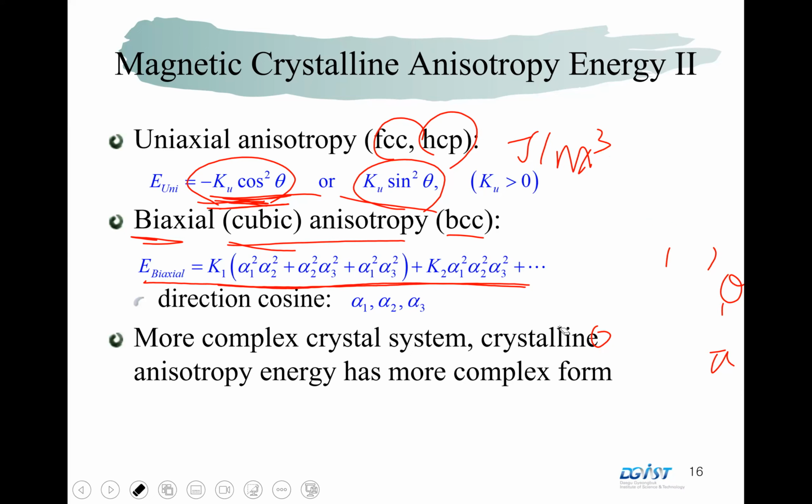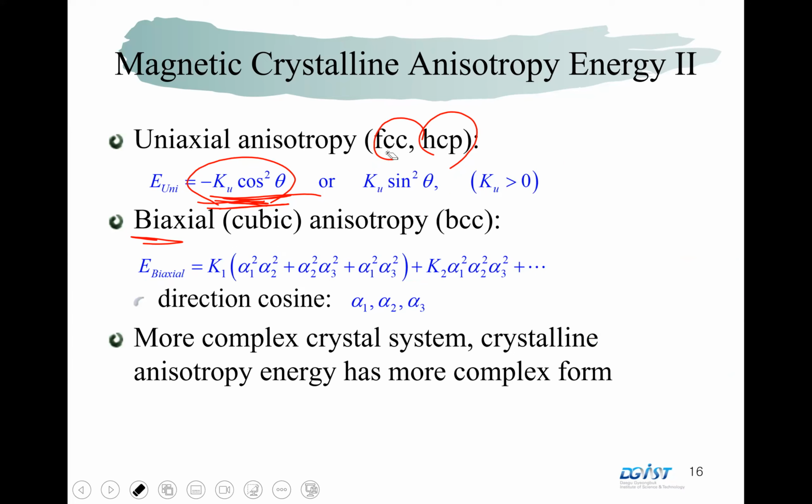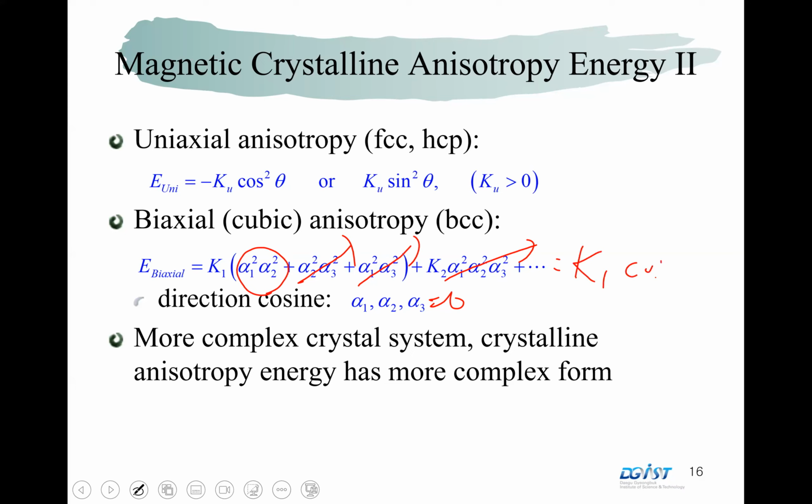It looks very complicated, but when you think about films, as we said, in a simple film, the magnetic moment always belongs to the XY plane, not the Z plane. So alpha 3 is 0, and this term disappears. The only remaining part is alpha 1 square and alpha 2 square, and we can rewrite these by cosine theta square and sine theta square, because alpha 1 is cosine theta and alpha 2 is sine theta.